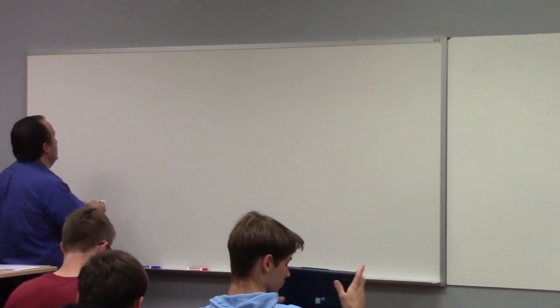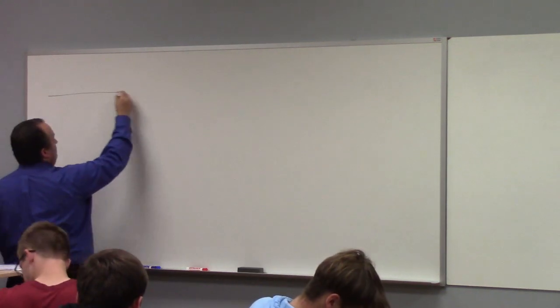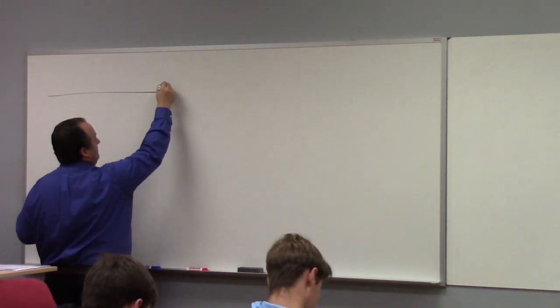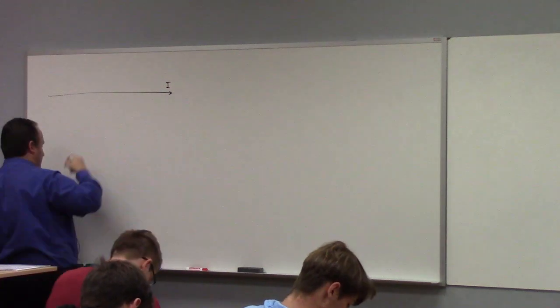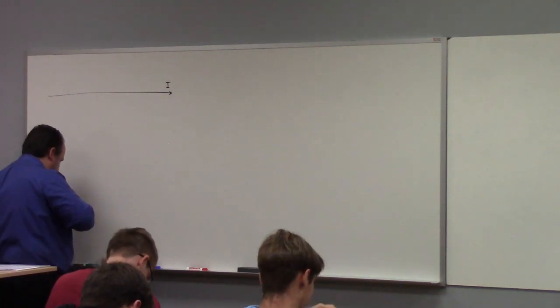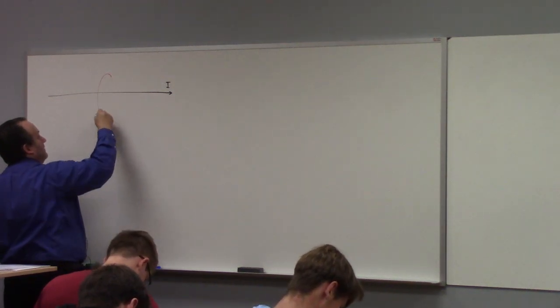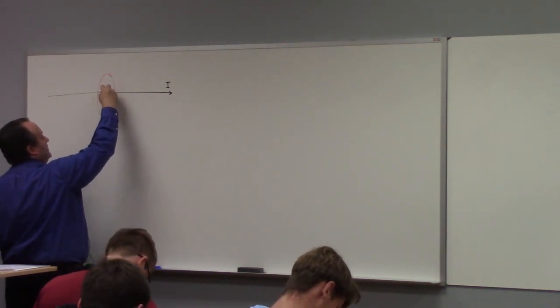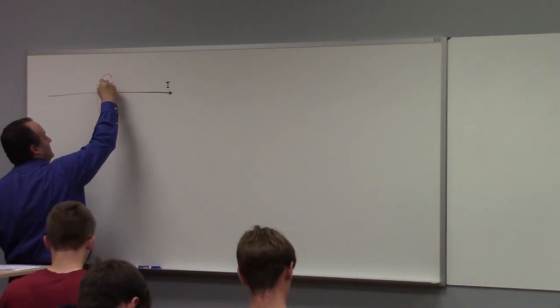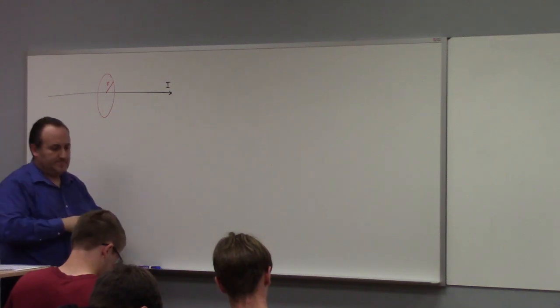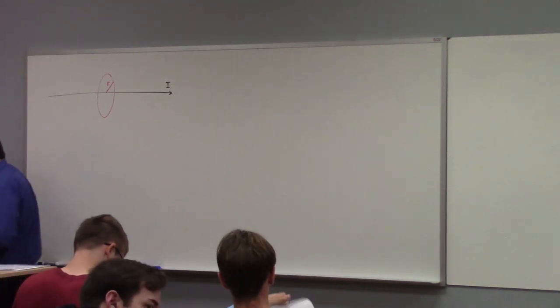Let me review that again. Say you have a very long line of current, I, and then you draw an Amperian loop around it, with radius r.